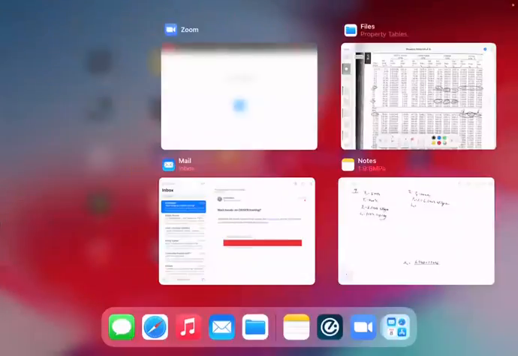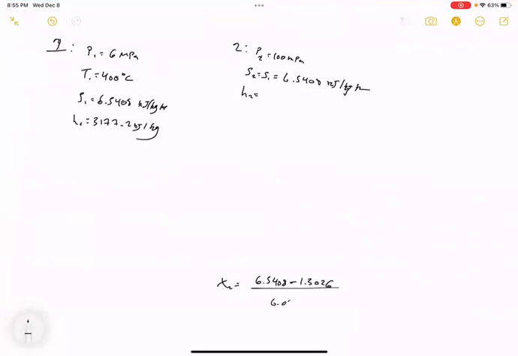6.0568. And if I calculate this, I'll get a value of 0.865.